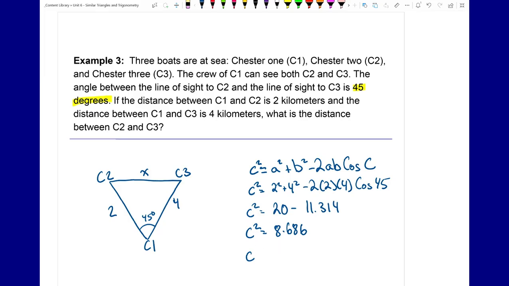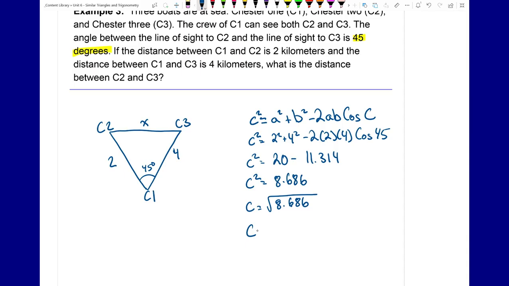And I need to square root that answer, 8.686, and I get 2.95. Use 2 decimal places. So in this case, that means that the Chester 2 and the Chester 3 are 2.95 kilometers apart.